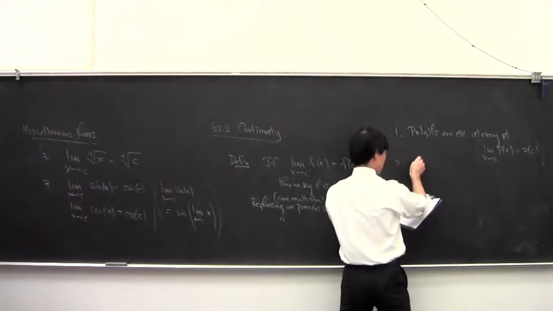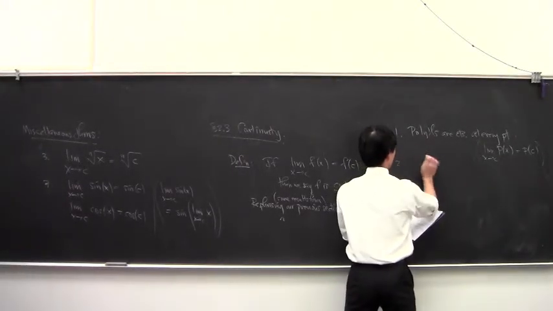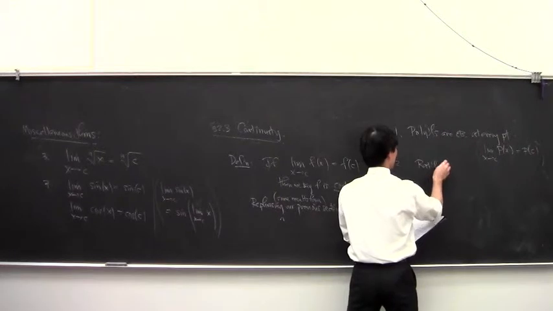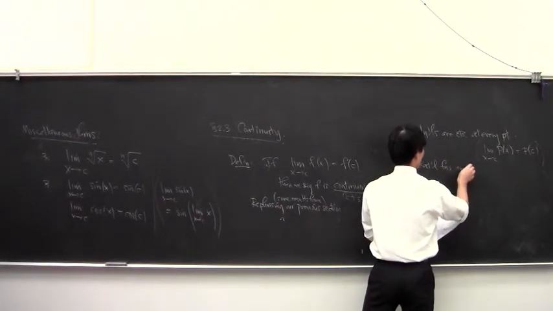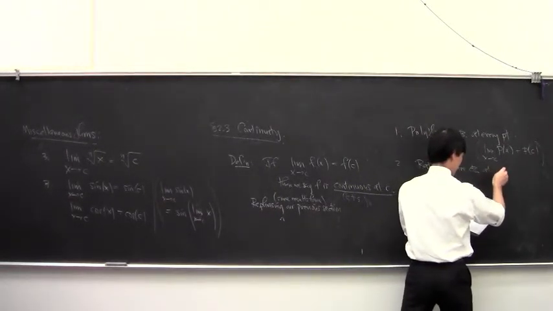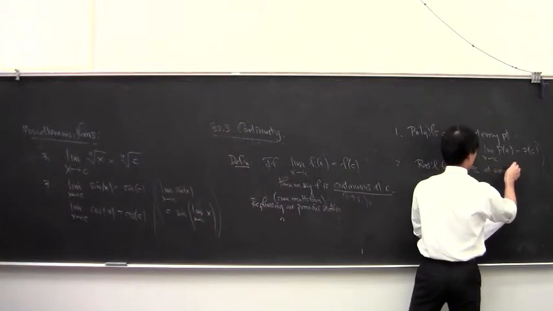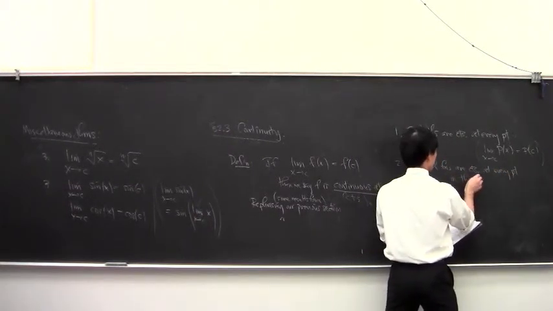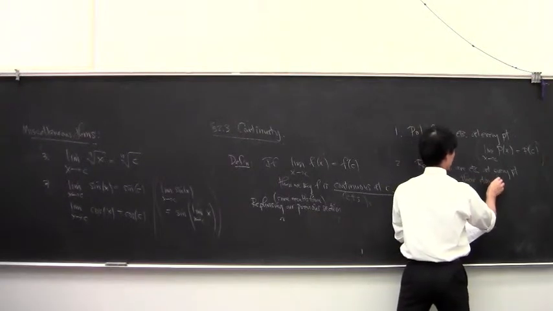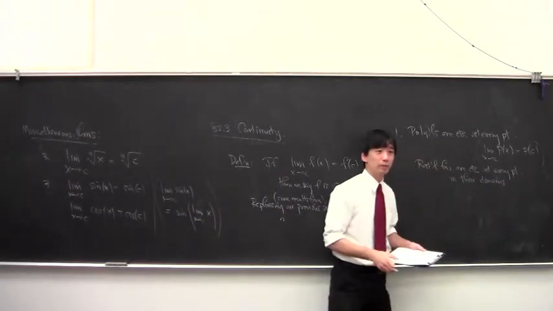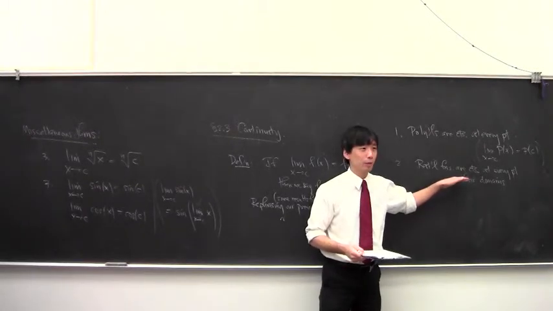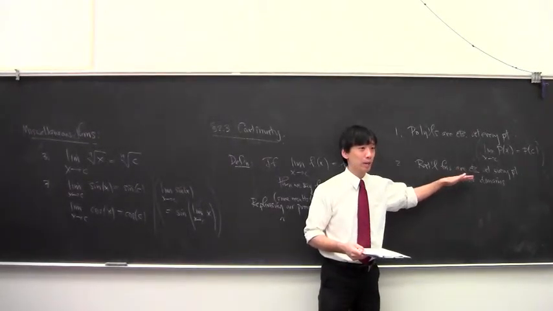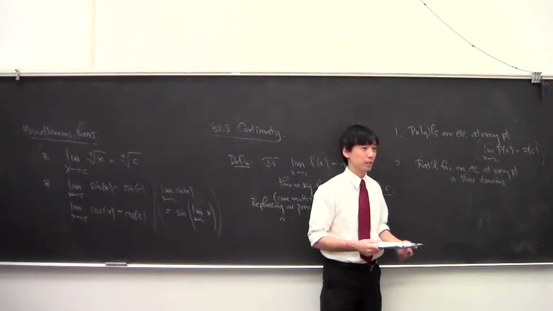And another thing we saw was that rational functions are continuous at every point where they're defined, so every point in their domains. We couldn't have the denominator being 0. But outside of those places where the denominator is 0, the rational functions are continuous.